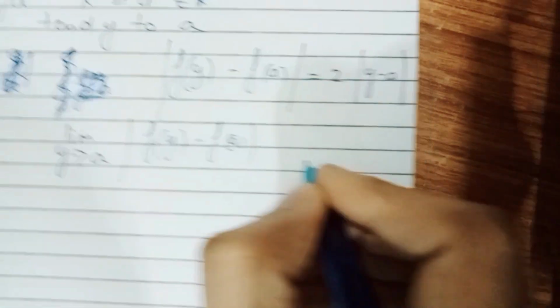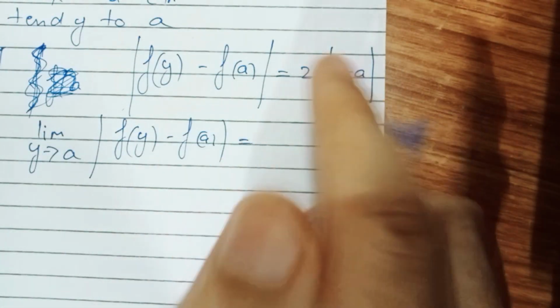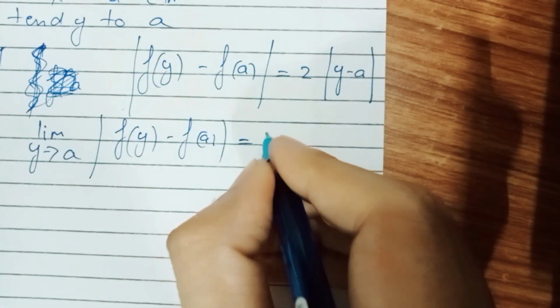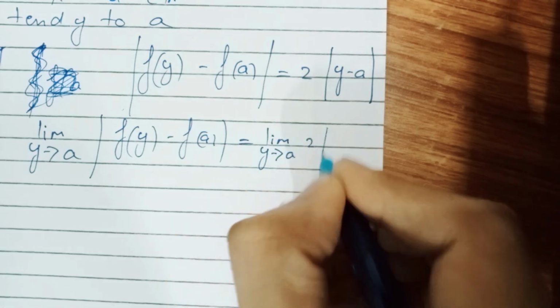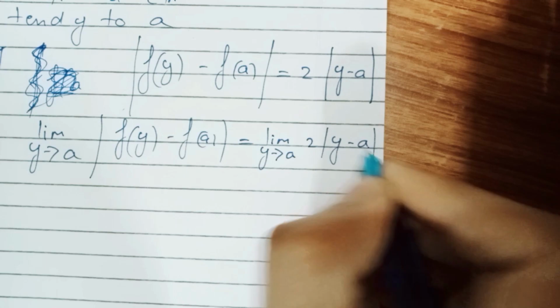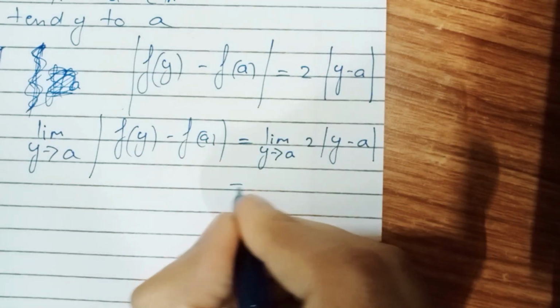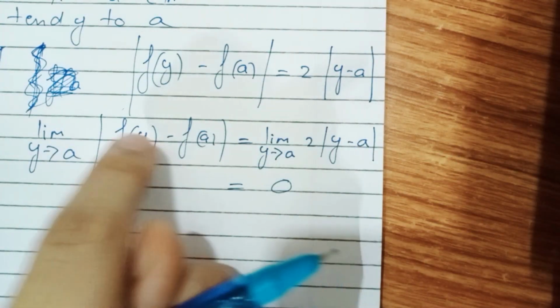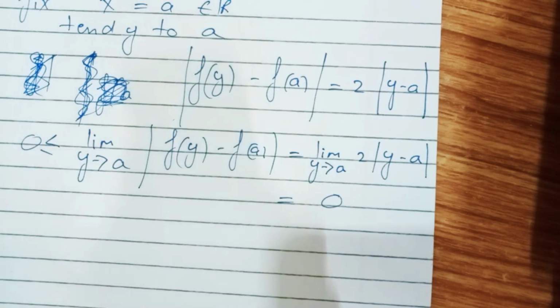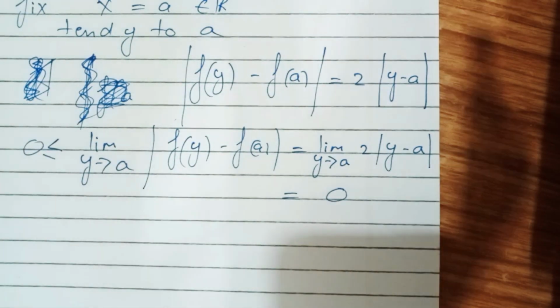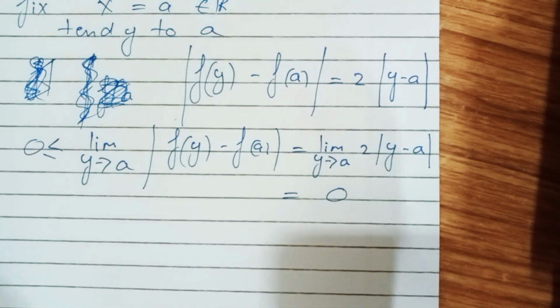If I take the limit on this side, limit y tending to a of |y minus a|, I know this will become 0, and I know that this modulus is greater than or equal to 0, so the limit is squeezed between two zeros, so the limit does exist and it has to be 0.